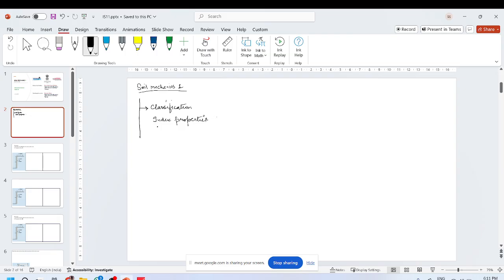We talked about your grain size distribution curve, and we talked about engineering properties. So these are the initial things that you study about soil.